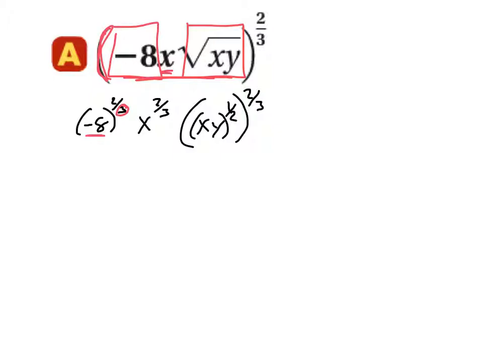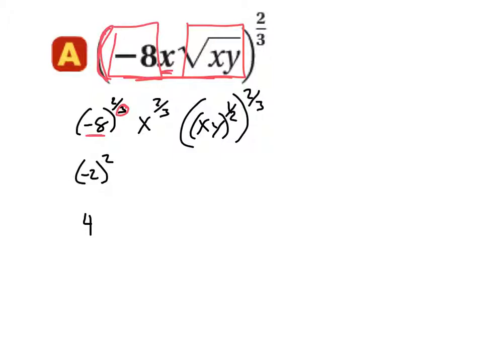What is the cubic root of -8? -2. So I have -2 squared. What's -2 squared? 4. -2 squared is 4. So we have now evaluated -8 to the 2/3 power.